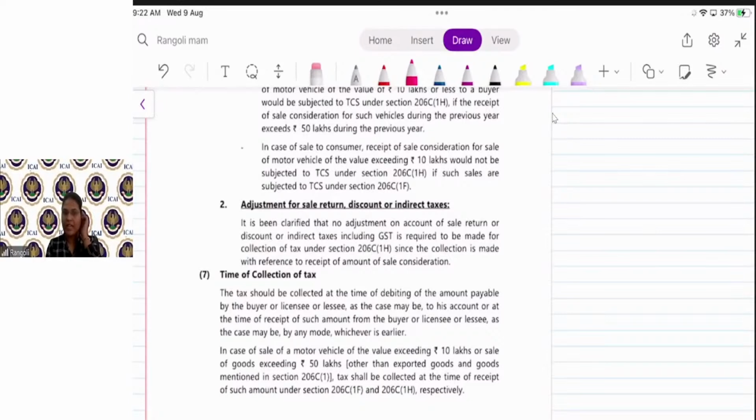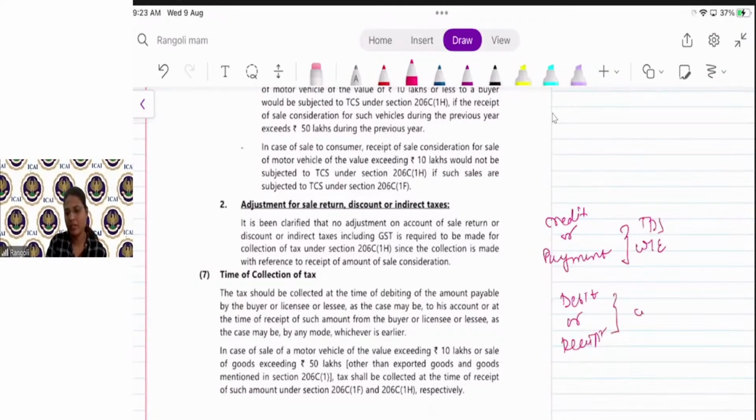Now, the time when the collection of tax is required to be made: it is required when debiting the amount payable by the buyer or at the time of receipt of such payment, whichever is earlier. In TDS, it is credit or payment, whichever is earlier, in the majority of sections. Here, in TCS, it is debit or receipt, whichever is earlier.